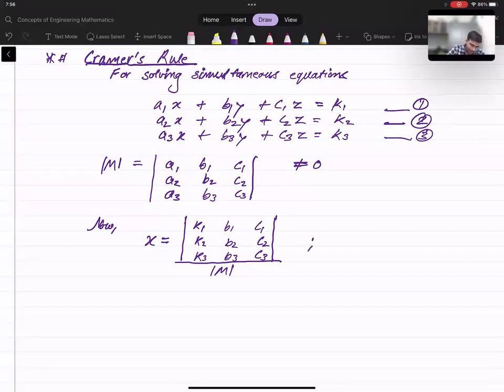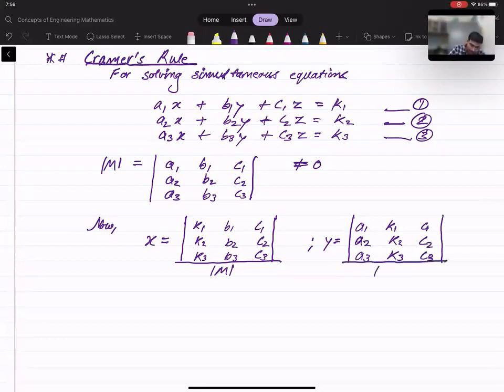Similarly, we can find the value of y also. Here a1, a2, a3 will remain unchanged, and the coefficients of y will now get replaced by k1, k2, k3, and c1, c2, c3 will remain unchanged, again divided by the determinant of coefficients.